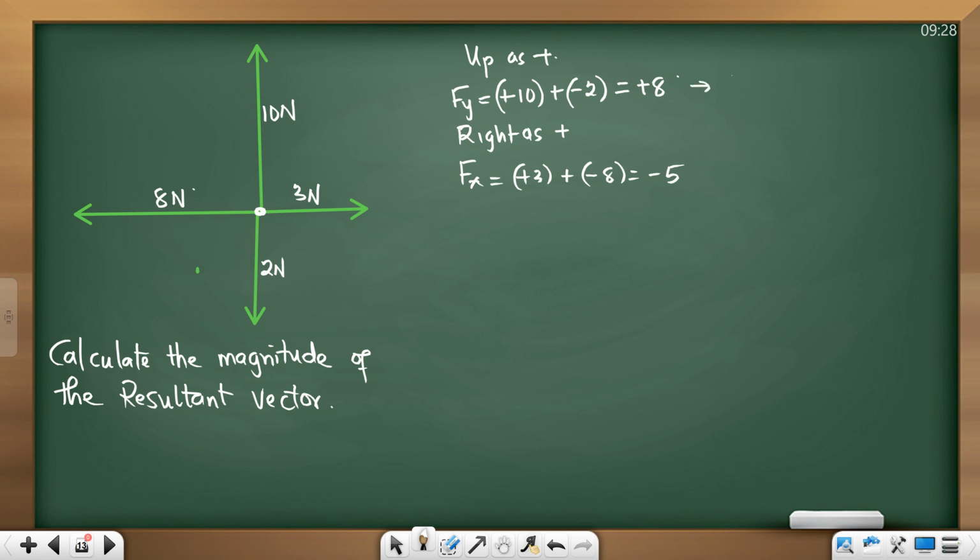This one tells me 8 newtons up. This one tells me 5 newtons what? Left. So your diagram should look like this. 5 newtons, 8 newtons. Did you get that correct?